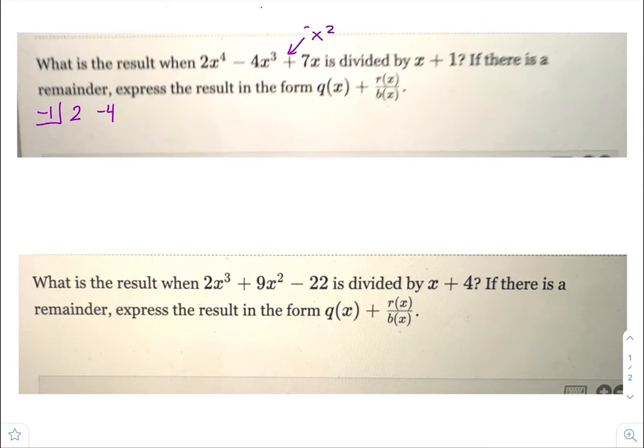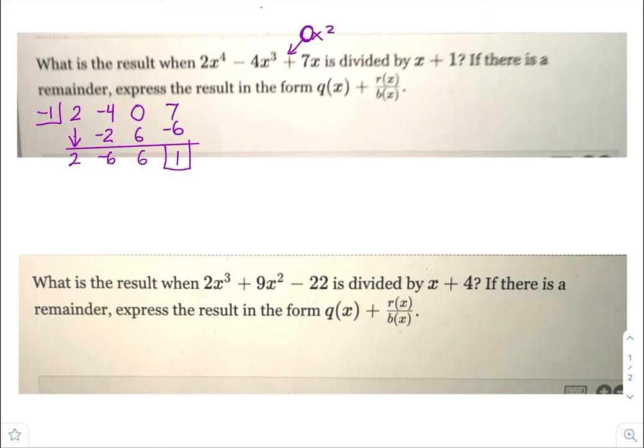So you need to make sure you put a placeholder for it by putting in 0. And then we have 7. So now, synthetic division, drop the 2, 2 times negative 1, negative 2, add negative 6, negative 6 times negative 1, 6, add 6, 6 times negative 1, negative 6, add 1.